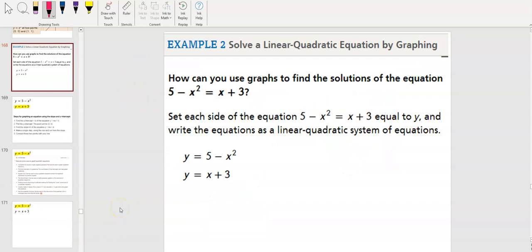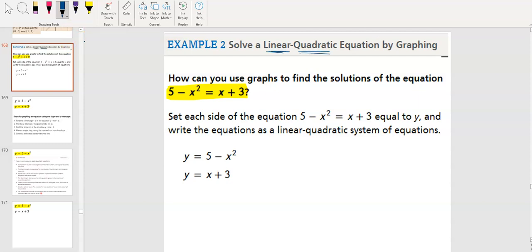All right, in example 2, we're continuing to solve these problems and continuing to graph, but this time I have a linear and a quadratic equation kind of in one. So you'll notice here that in this equation, I have 2 x's and I have 2 constants, and we want to use this linear quadratic equation to solve.